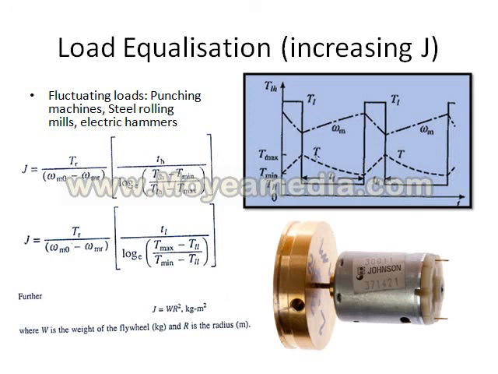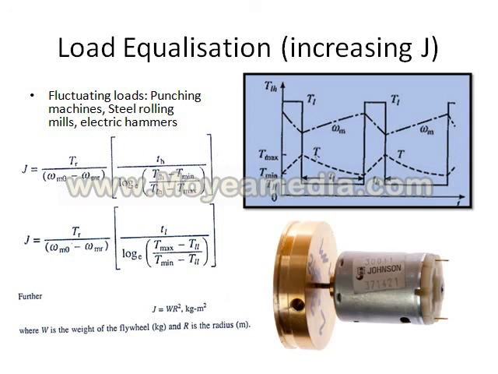During the light load period, the motor torque exceeds the load torque, causing acceleration. So speed increases again to the original value. Here dynamic torque helps to store kinetic energy half J omega square. Thus, a motor with a much smaller rating than the peak load is sufficient, and the peak current drawn by the motor is also reduced by using a flywheel. This is called load equalization.